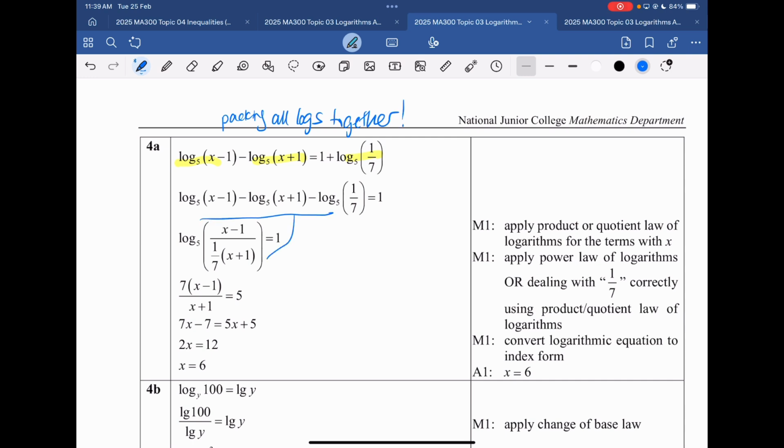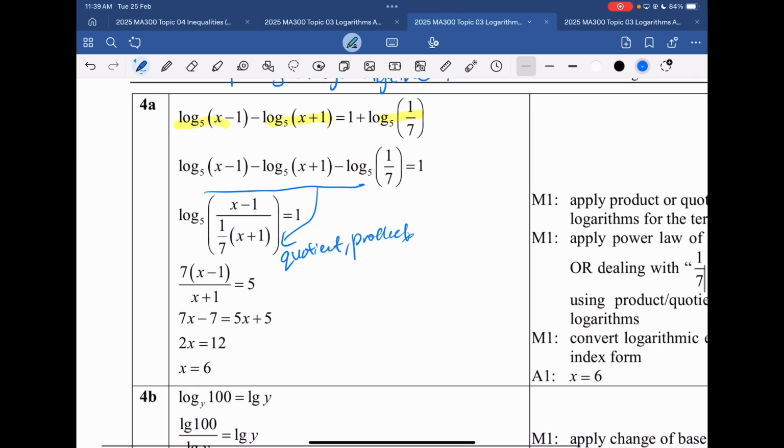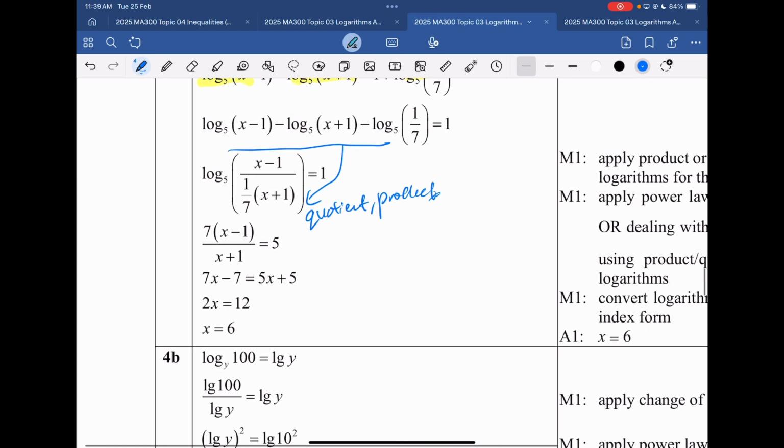From here to here, I'm using quotient law and product law. After which, from here to here, I bring 5 over to the right hand side. That's how I get 5 power 1. You solve, you get x equals 6.